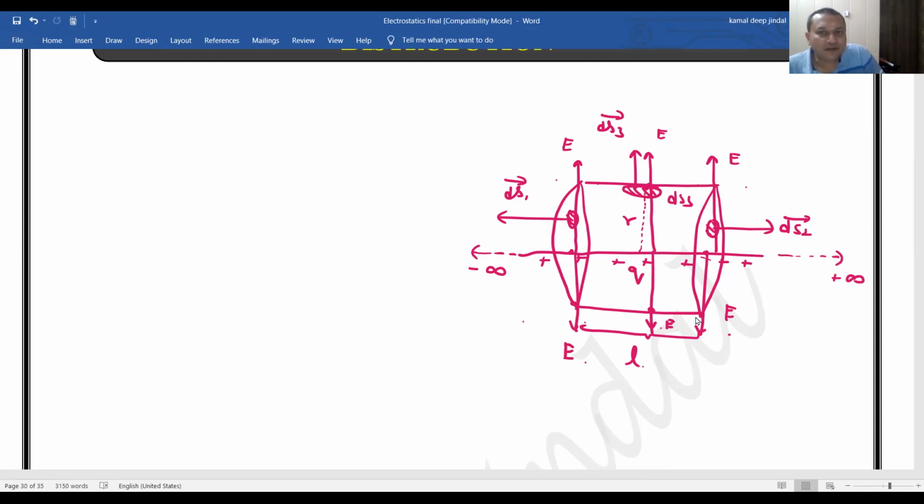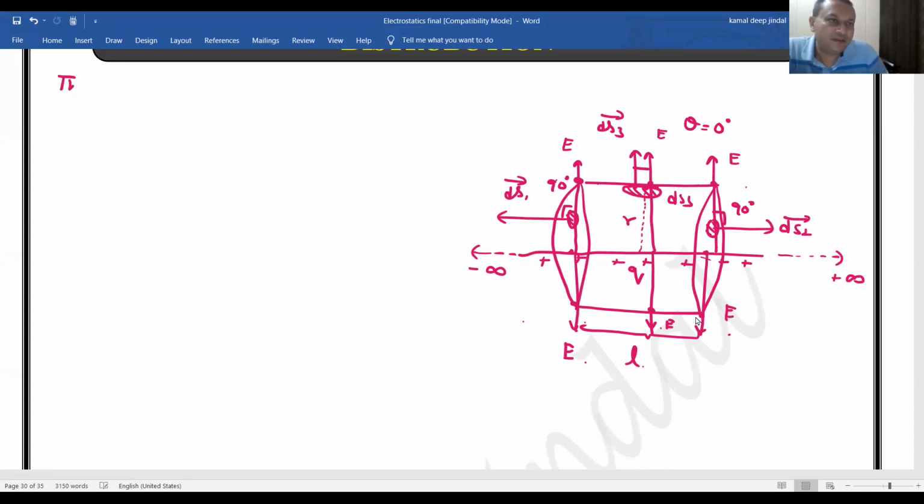I am calculating the electric field here, not here. So this is the electric field on each point, which is the same. Now this angle is 90 degrees, and this angle is 90 degrees. This angle is 0 degrees. This is the whole picture you have prepared.